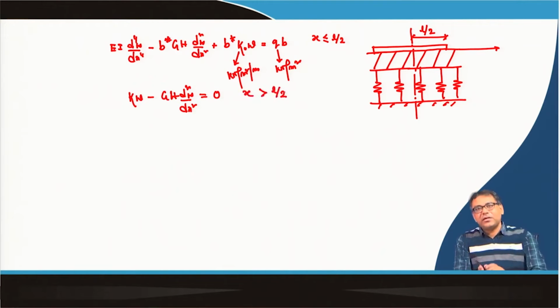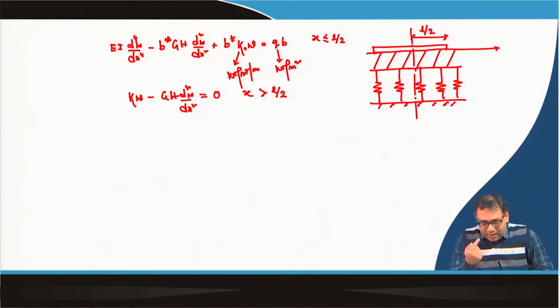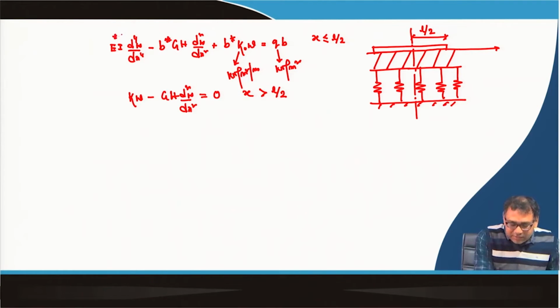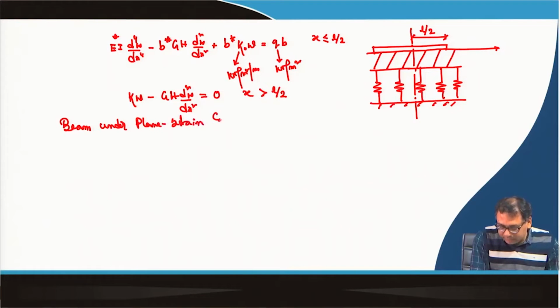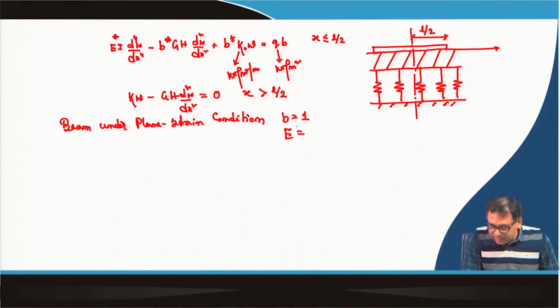So, now if your beam is on a 2 parameter model, there will basically be 2 equations, one within the beam, another outside the beam, and the boundary conditions. What are the boundary conditions? So, here this is E star. The beam is under plane strain condition, so your b will be equal to 1 and E star is equal to E divided by 1 minus mu square.